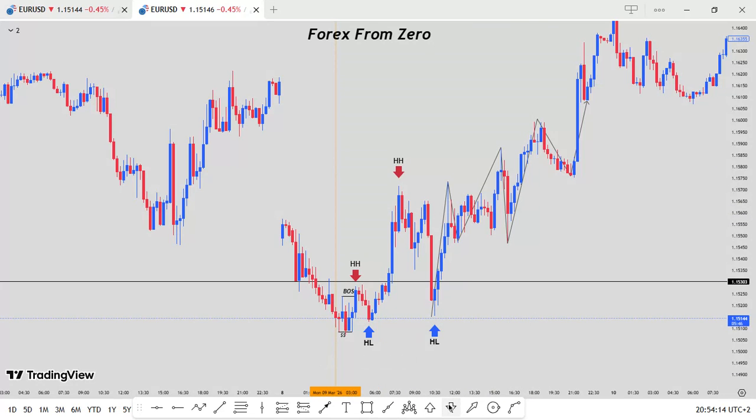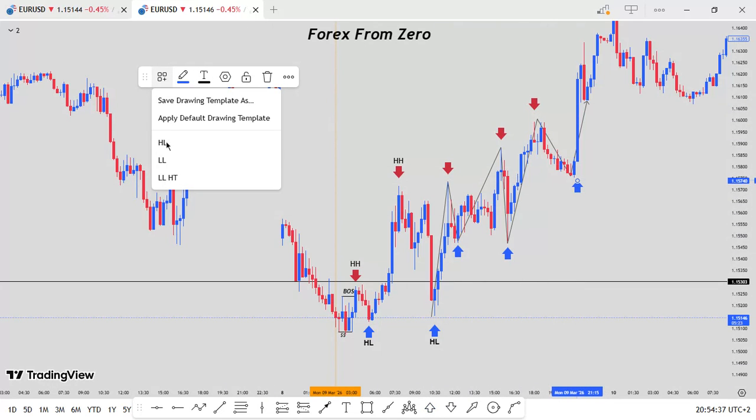Okay, so where is our next structure? We can mark this structure here and this low here. We have this higher high and higher low. Where else are we seeing our higher high? I can see a higher high here, and there's a higher low here.